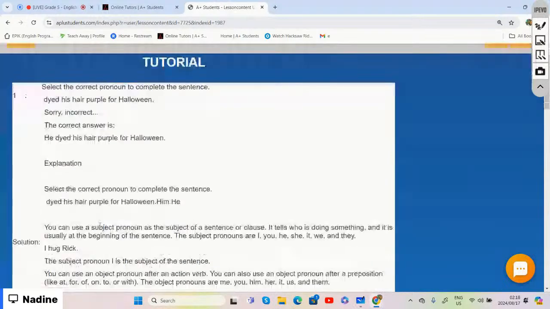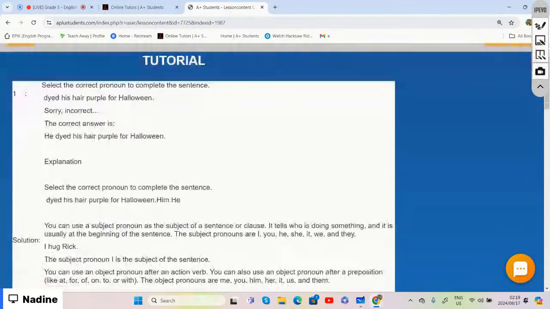We said you can use a subject pronoun as the subject of a sentence or clause, and it tells you who is doing something. And it is usually at the beginning of the sentence.